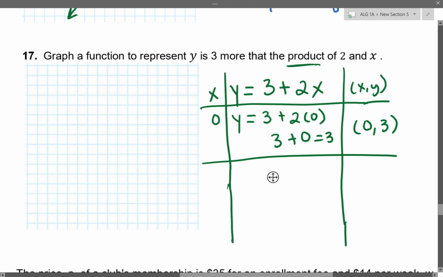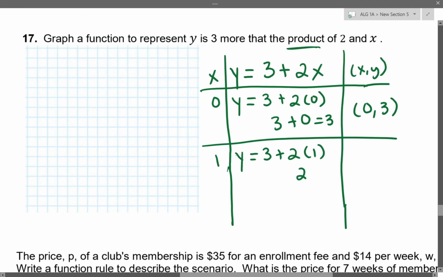My next easiest one is 1. So every time I see an x, I'm going to put 1 this time. Y equals 3 plus 2 times 1. 2 times 1 is 2, plus 3 is 5. So my input was 1, my output was 5.